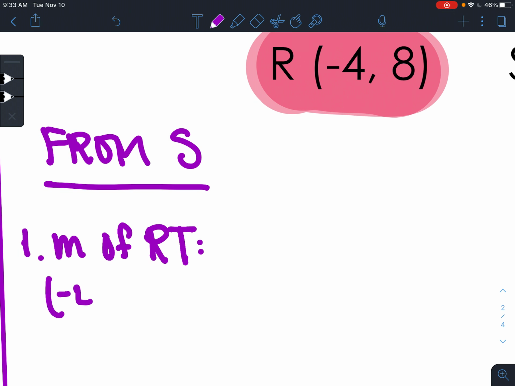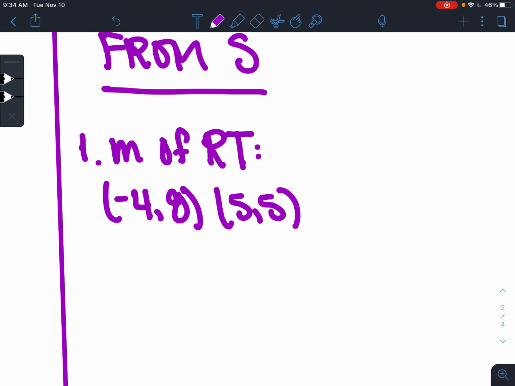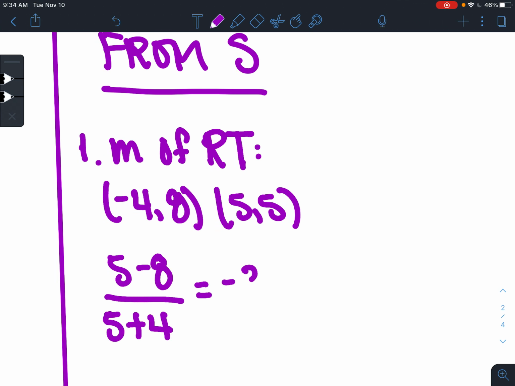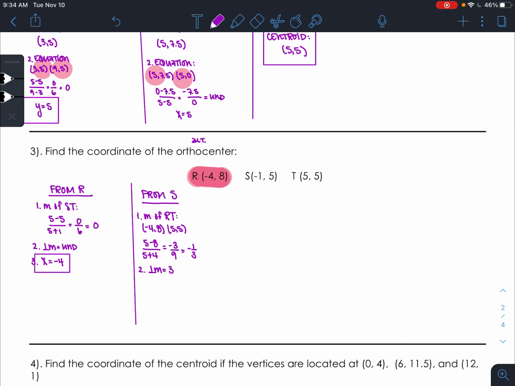So R is -4, 8, and T is 5, 5, which means that if I find my slope, I'm going to do 5 minus 8, all over 5 plus 4, which means I get -3 over 9, which means my slope is -1/3. But again, I don't want that slope. I want my perpendicular slope, which means that my perpendicular slope is 3.